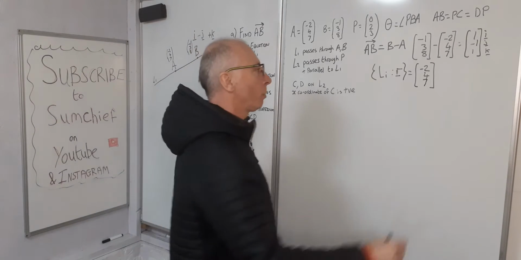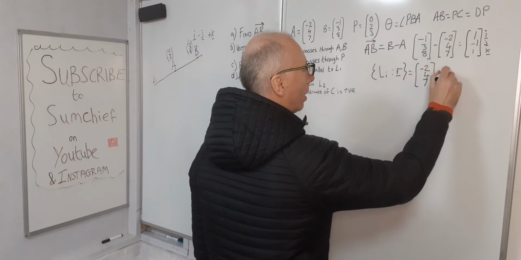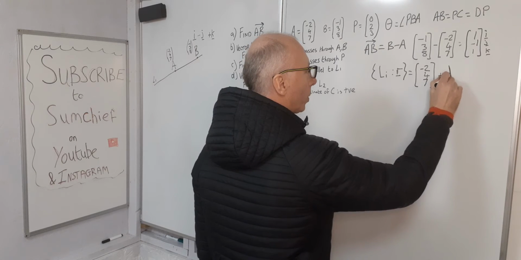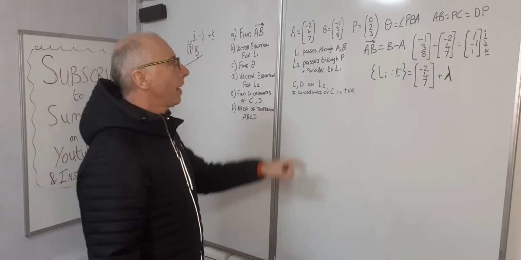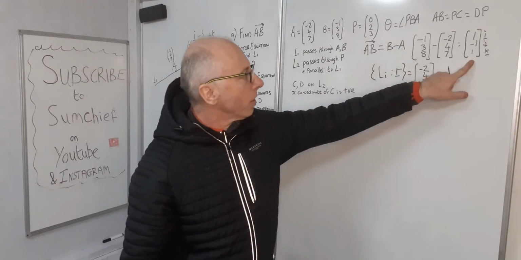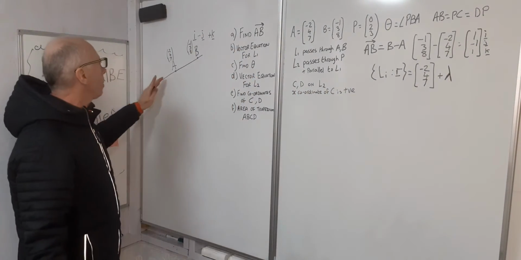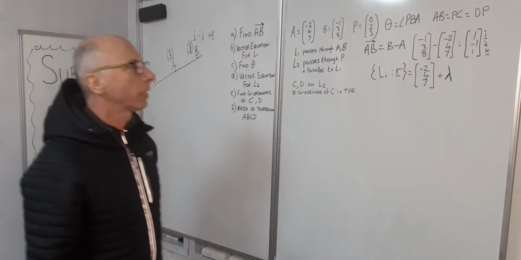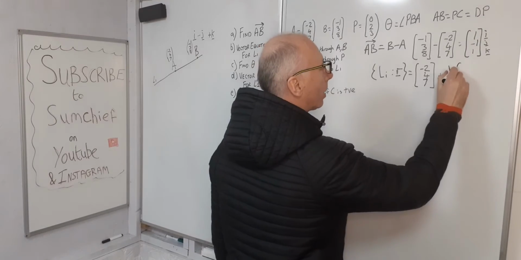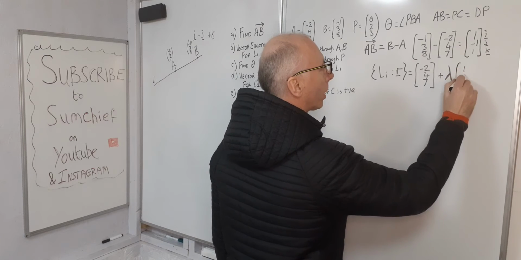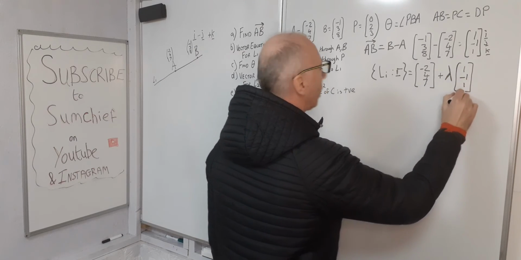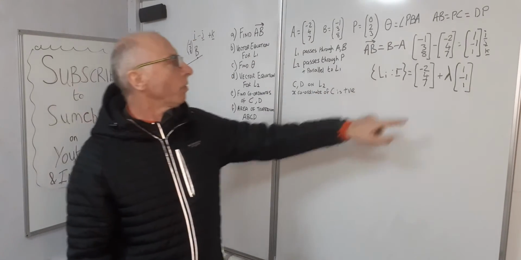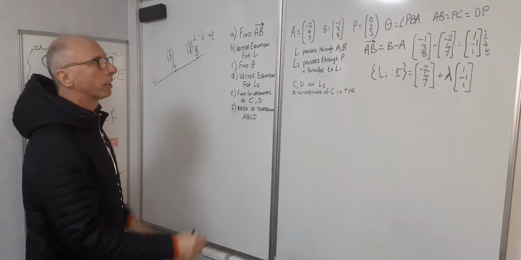And then what we're going to do, we're going to add lambda, which is our coefficient, and then we're going to use this as our direction, because it will always move in this direction for wherever you are. So lambda times 1, -1, 1. Basically that's our vector equation for L1. So I'm going to write that down on here.